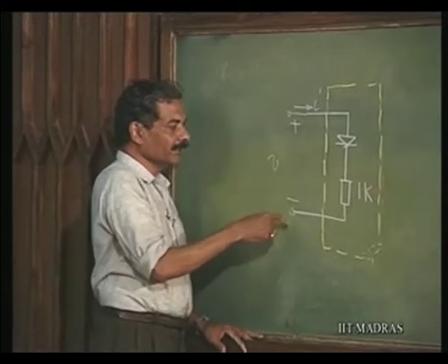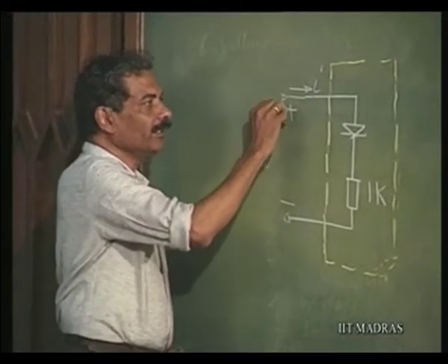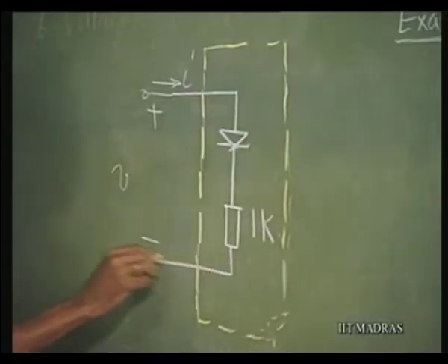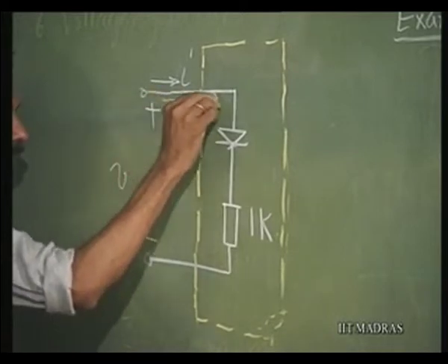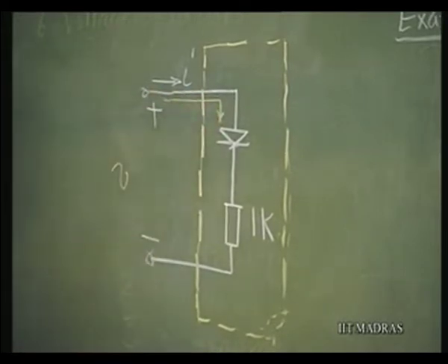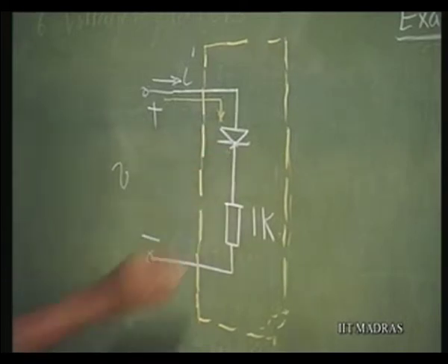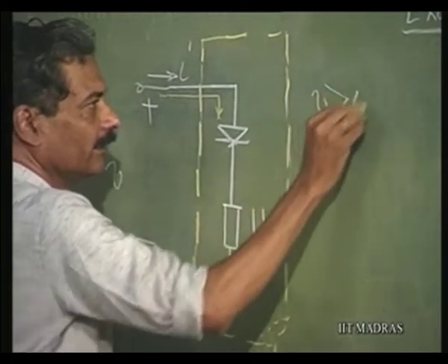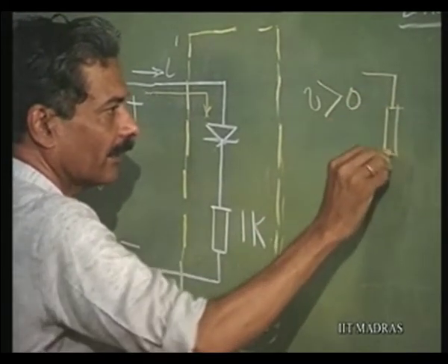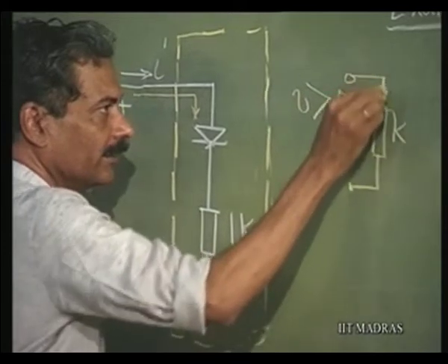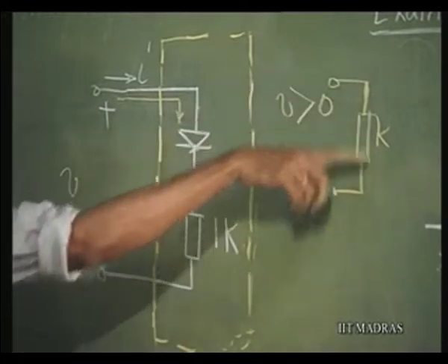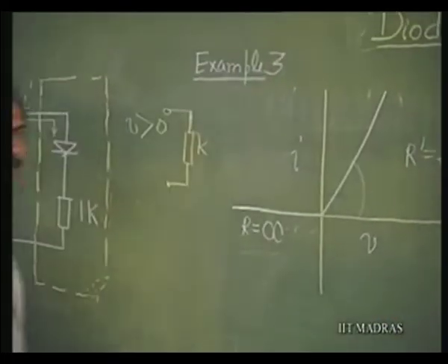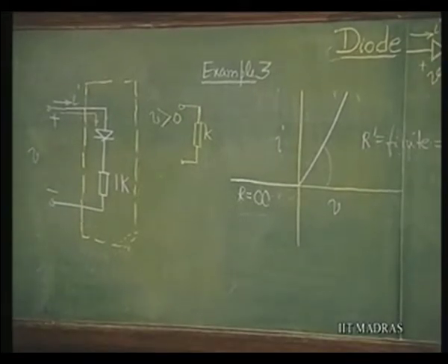When V is greater than 0, it is going to permit current in this to flow in this direction when this is positive and this is negative. It is forward bias. So, a current is going to flow in this direction and this is going to be a short circuit. So, at that point of time when V is greater than 0, this is equivalent to 1 K, because the diode is going to be replaced by a short circuit here. So, equivalent circuit when V is greater than 0 is 1 K. So, we get this resistance of 1 K. That is because I put a 1 K there.